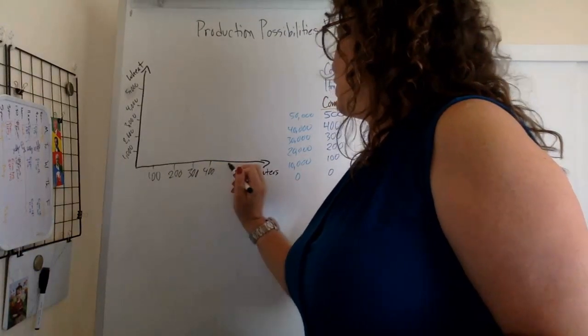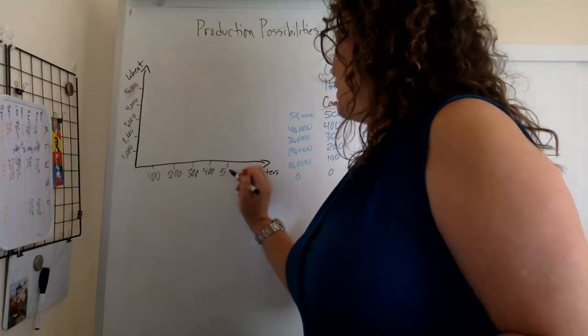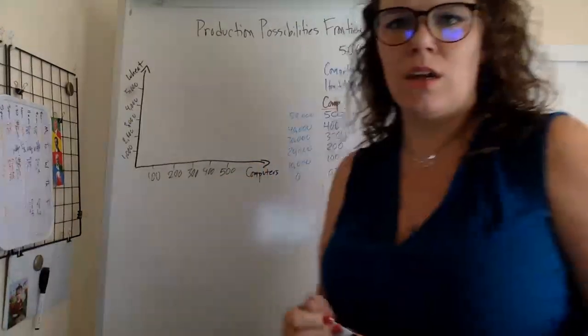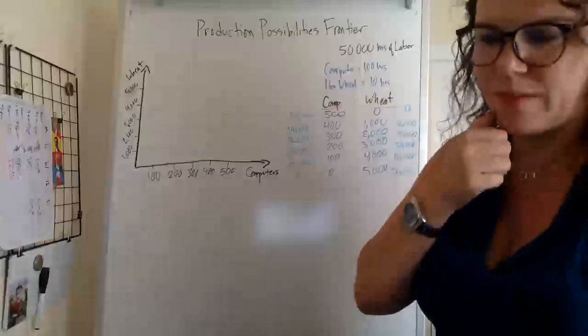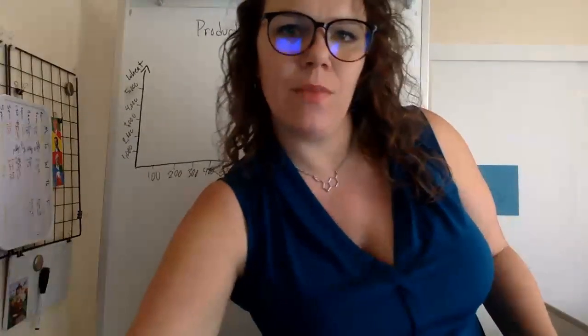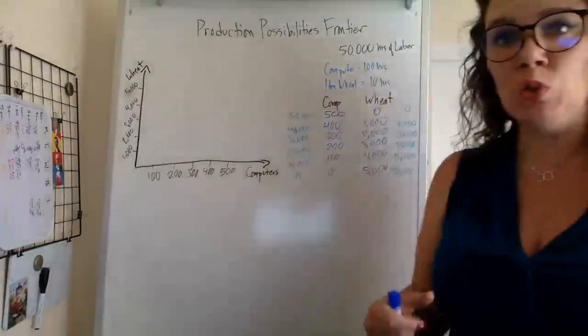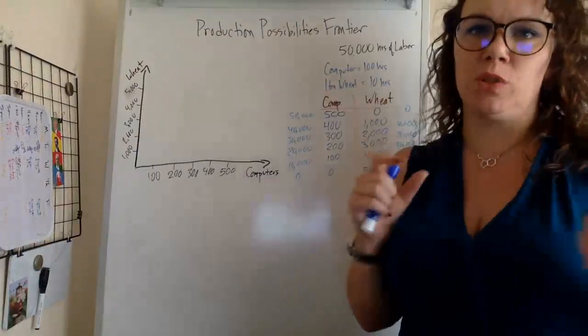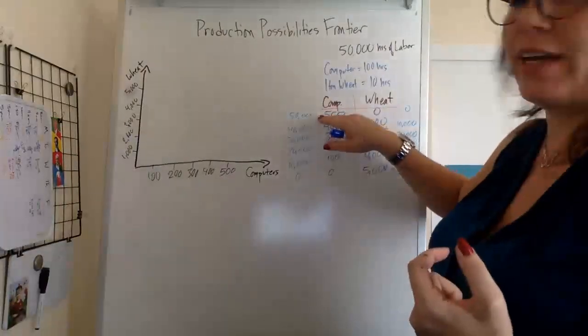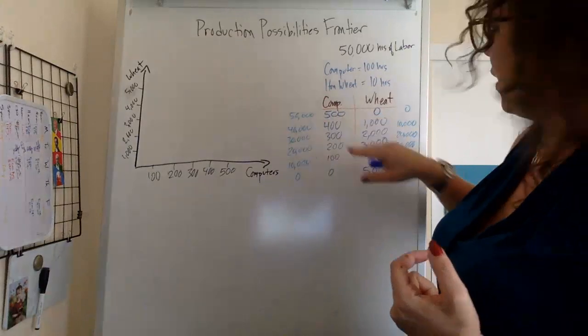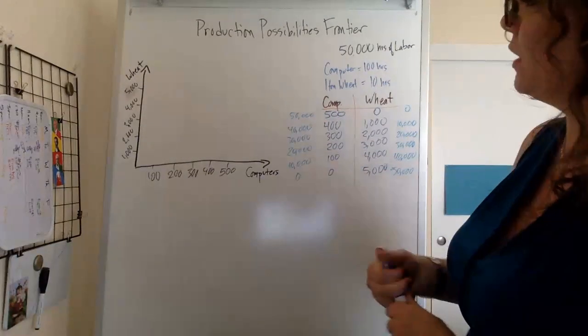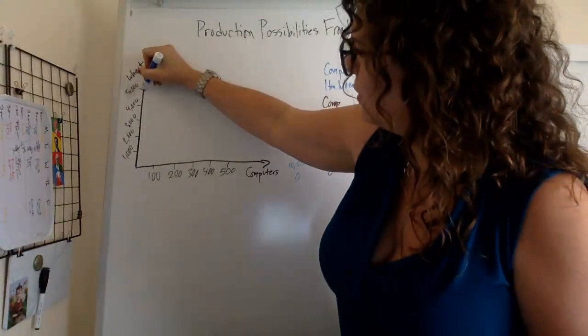And again, you can go through and graph each point, but really the most important thing, especially if you're not super comfortable with graphing, is to find the two endpoints, the two extremes. What does it look like if I only produce computers, and what does it look like if I only produce wheat? That's going to give us our two endpoints.